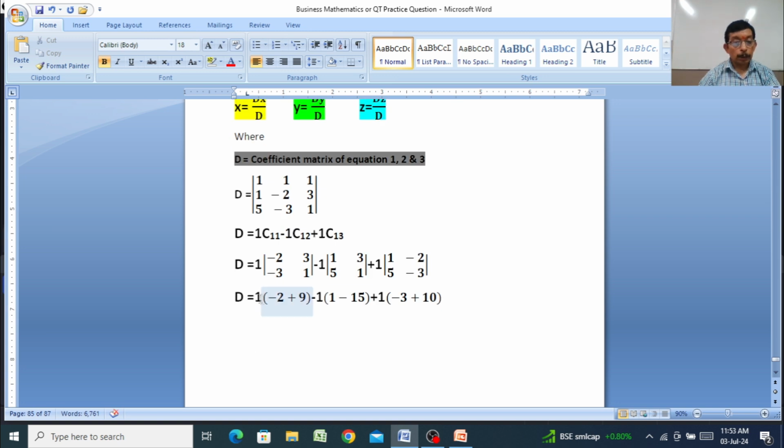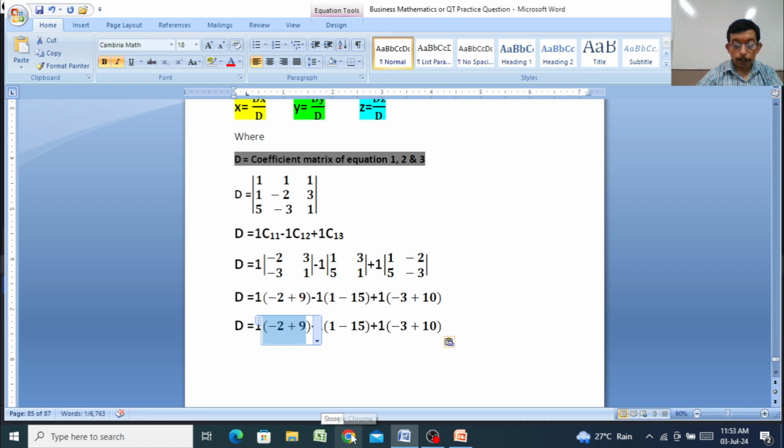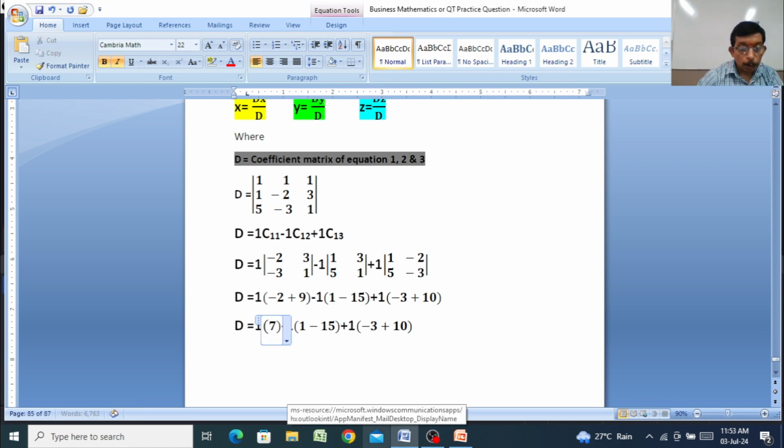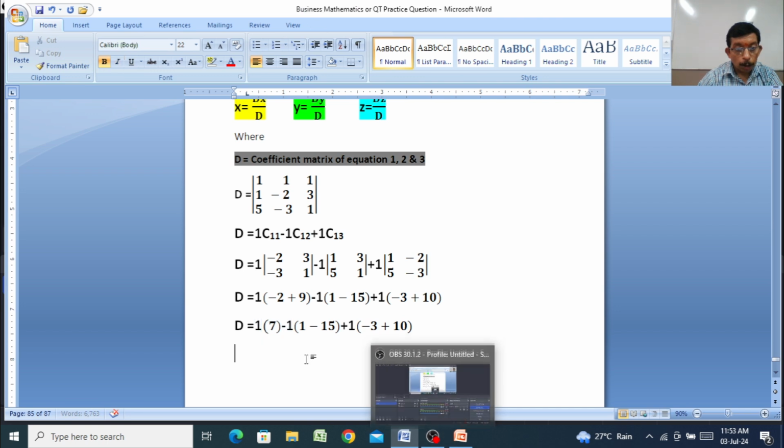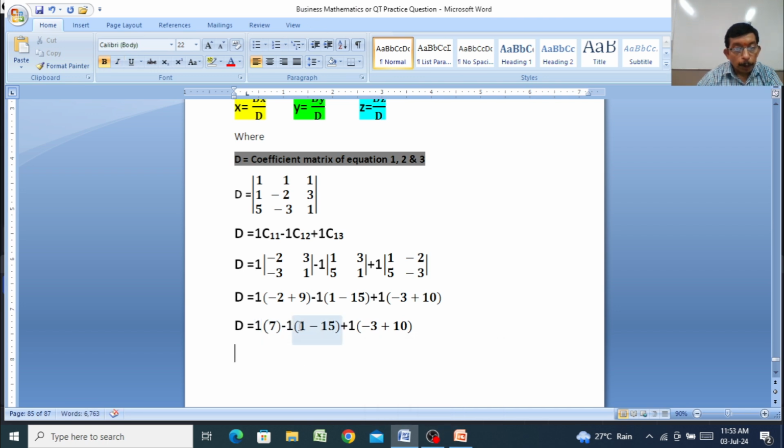Simplify in the next step. -2 plus 9 is 7. 1 and -15 is -14. -3 plus 10 is 7, here is 7.